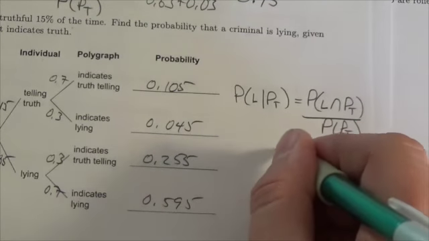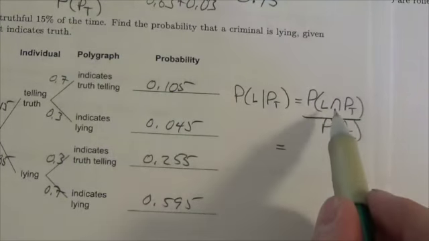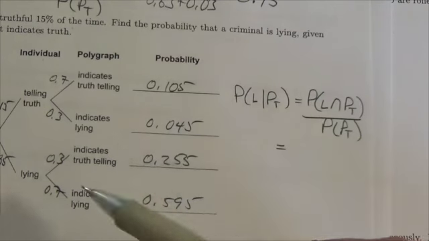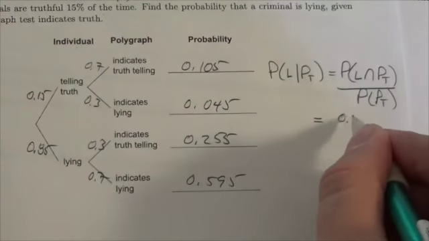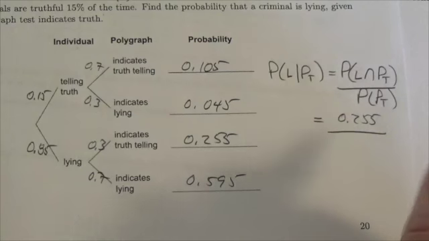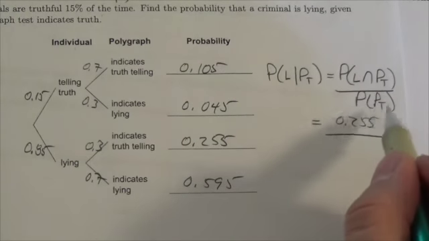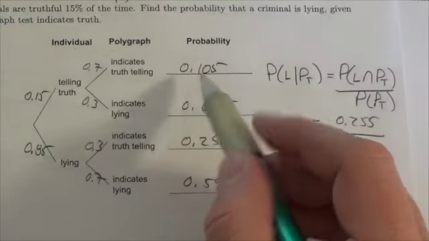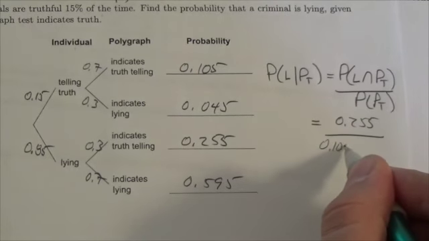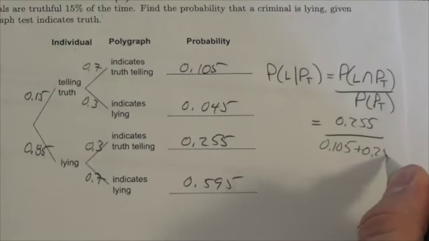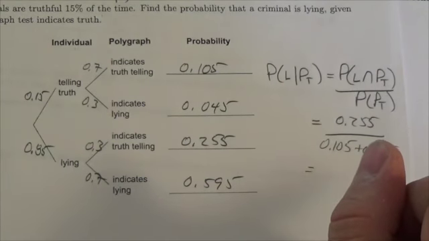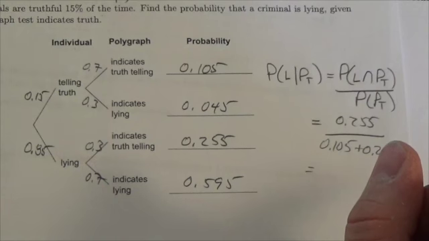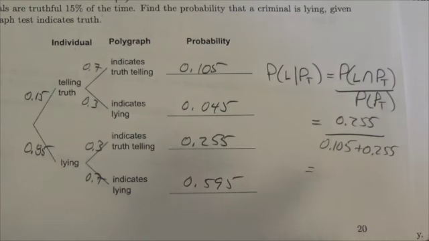Lying and the polygraph saying truth is going to be 0.255. The probability of the test telling us that you're telling the truth is 0.105 plus 0.255. Now I'll go to the calculator: 0.255 divided by 0.105 plus 0.255.